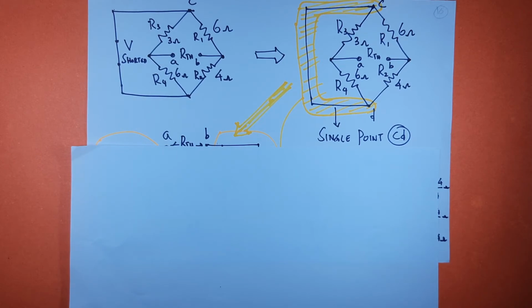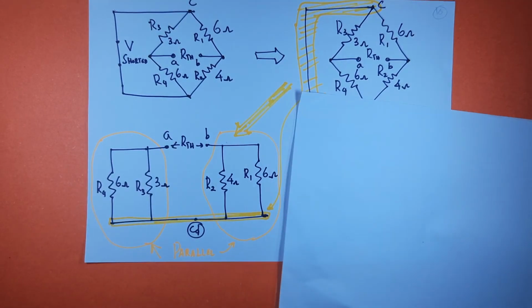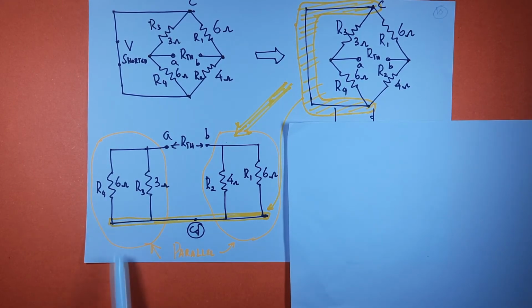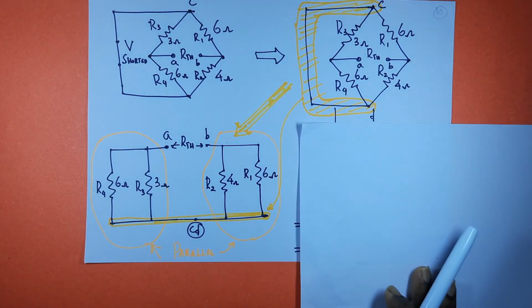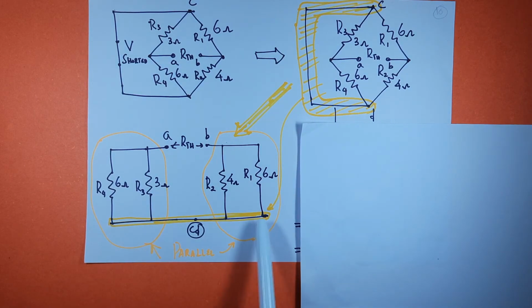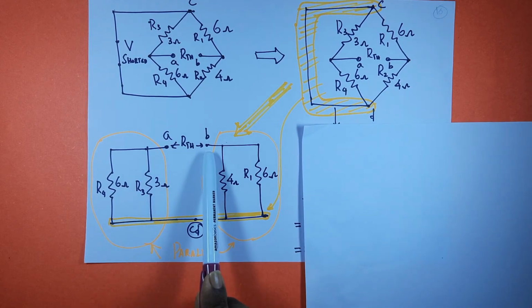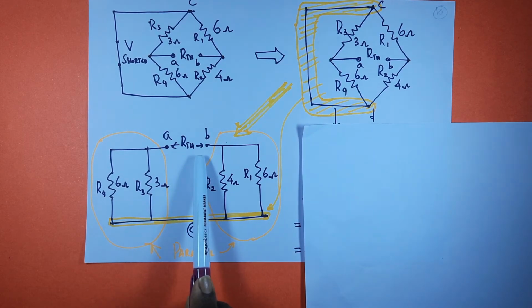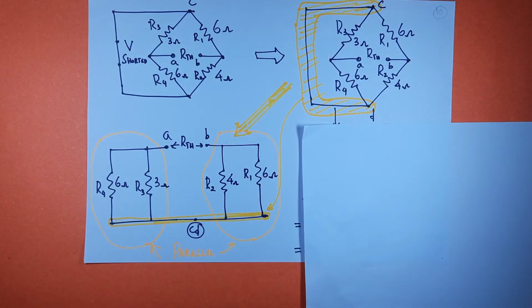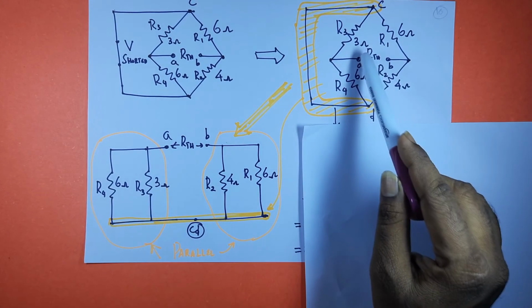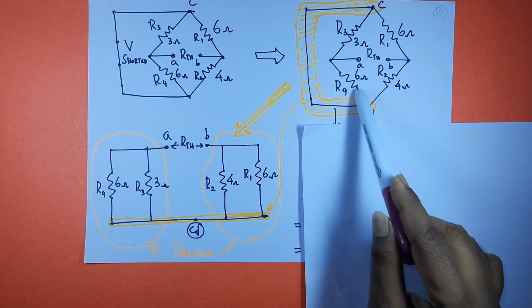What I am going to do is keep the single point CD at the bottom. So this is your CD, which I have taken at the bottom. I am putting point A here and point B here. In between we are going to measure RThevenin. Now from point A, you see this circuit from point A to the point CD.